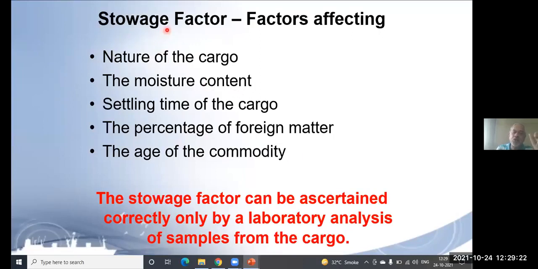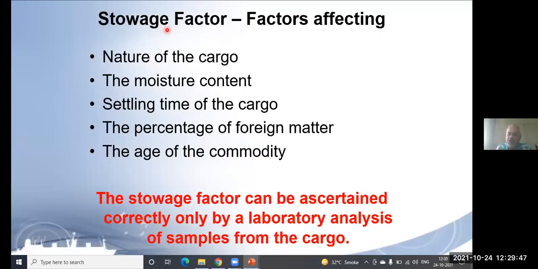And also stowage factor depends on the dimensions of the cargo. What is the shape of the cargo? Like machinery cargo or plant cargo, where big pieces will be there, like a big boiler you are carrying. The boiler may have some parts protruding out.